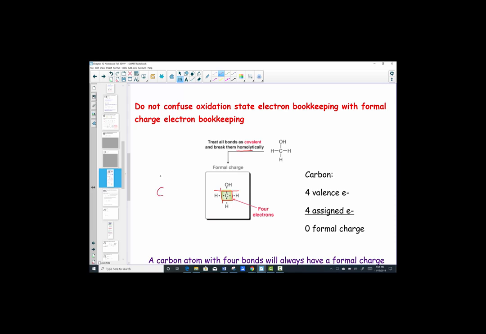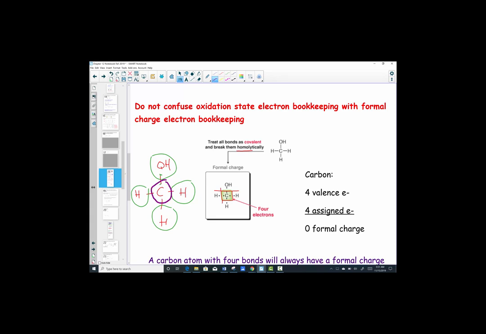The way I always like to show this, as I suggested the very first time we met when we were practicing formal charge: draw a circle around each atom, and in that circle you are bisecting the shared pair, which means half of the electrons in a shared pair go in each direction.